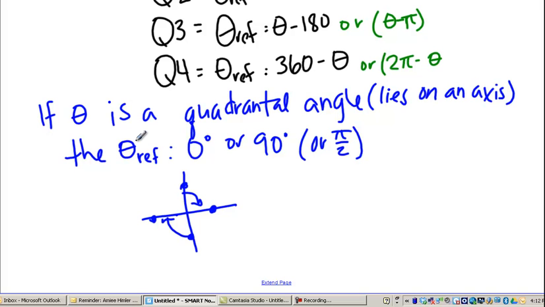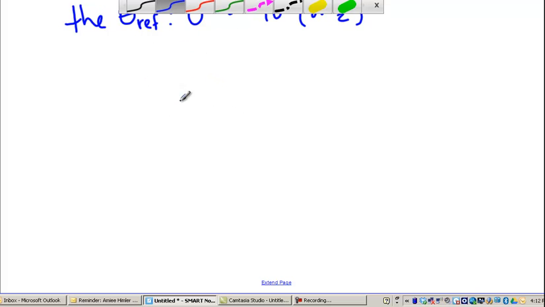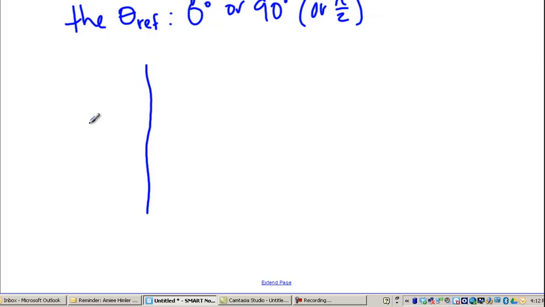Now let's go back to our 6 trig functions. Like I said yesterday, we're going to be talking way more about our circle. Imagine that was a straight line as well.